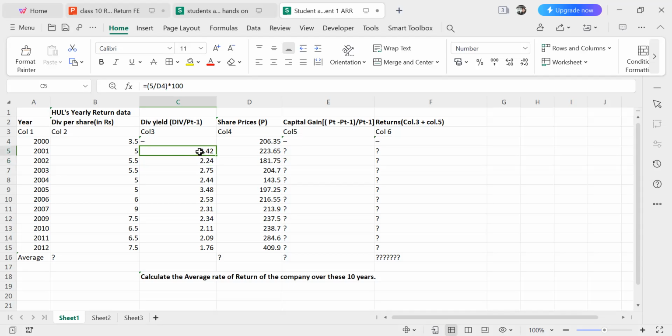No, there's a mistake there. This I think I have done wrongly. It should come 0.2459. This is formula has not been copied properly. This is correct one.